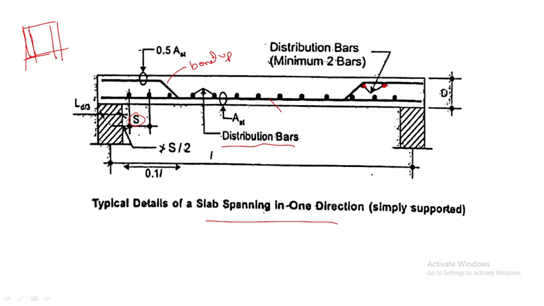So this is the effective depth or overall depth, these are the supports. Okay, so this length, what can we say, is S by 2 or 0.1L we have to take.